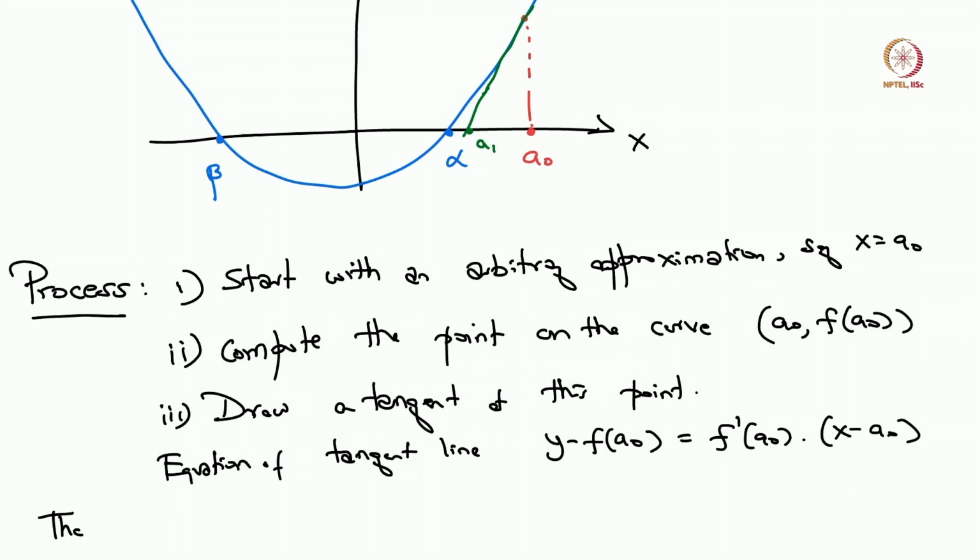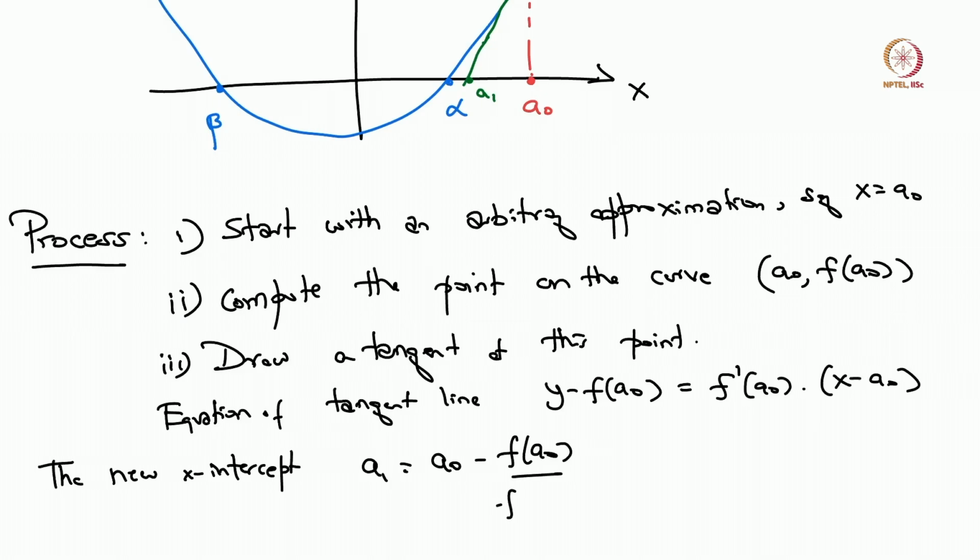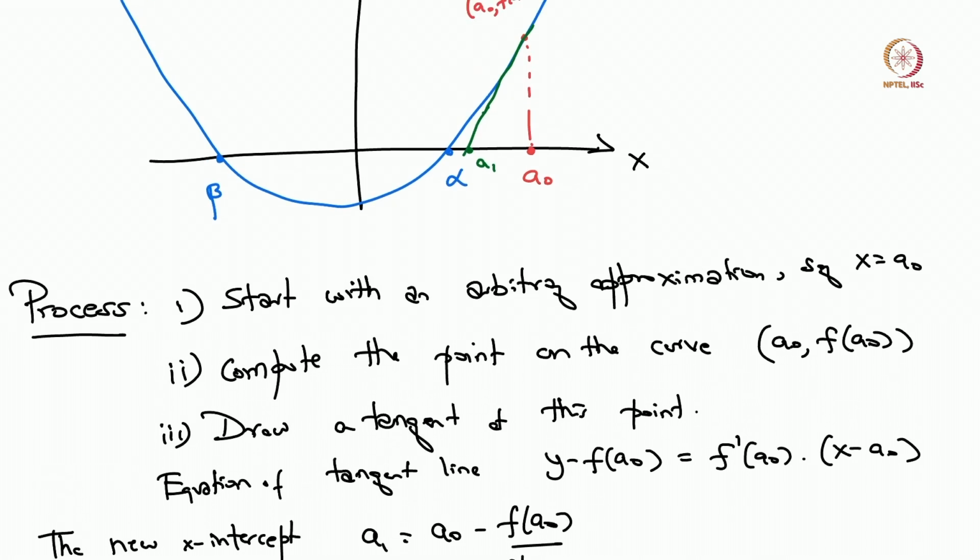So for the new x-intercept a1, just plug in y equals 0 and solve for a1. a1 is a naught minus f of a naught over f prime of a naught. Okay, and now you just repeat the process.